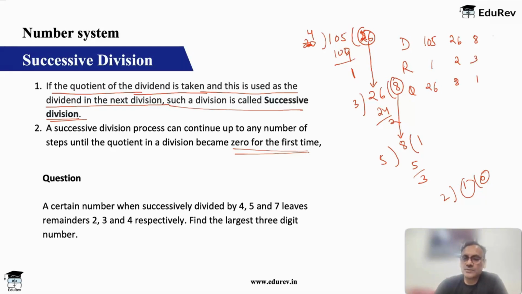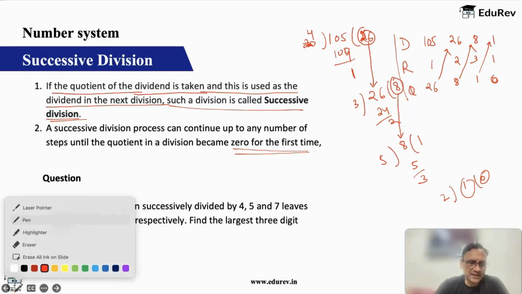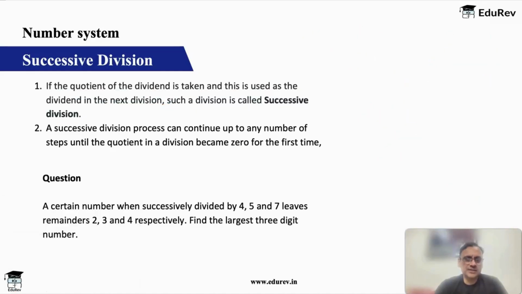This quotient becomes my dividend in the fourth case, where my remainder was 1 and my quotient was 0. So quotient 0, that is where we stop. You can see the quotient becoming the dividend in the next step. This is what is called successive division. Fine. Let's do one question on this and you will be very clear. There is nothing very complicated, just that it looks very similar to an LCM model, but it is entirely different.